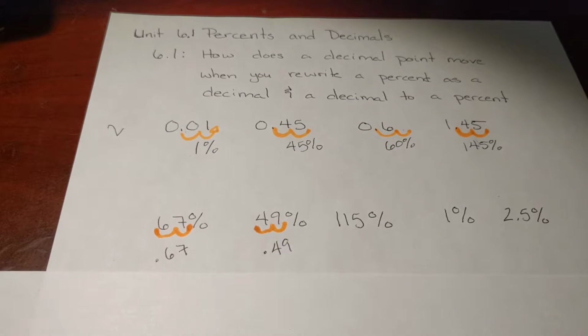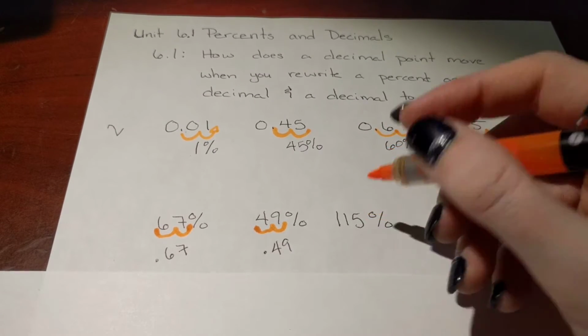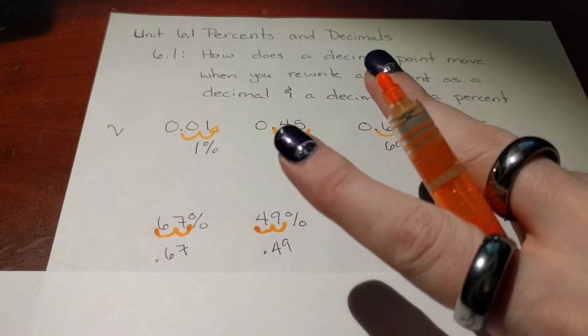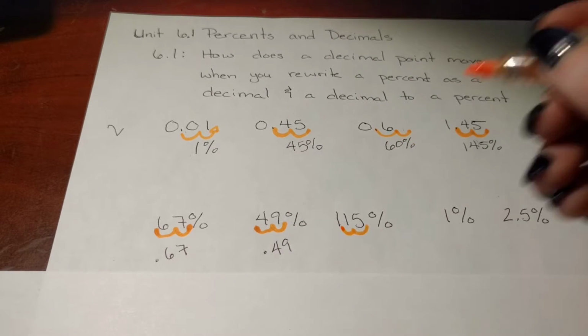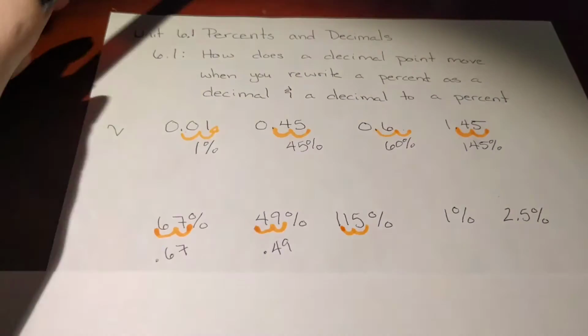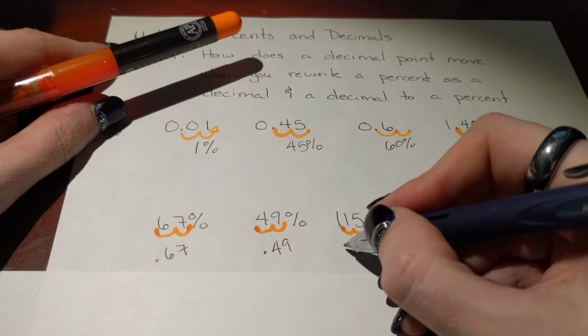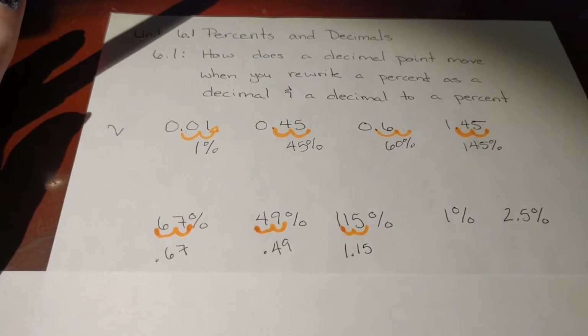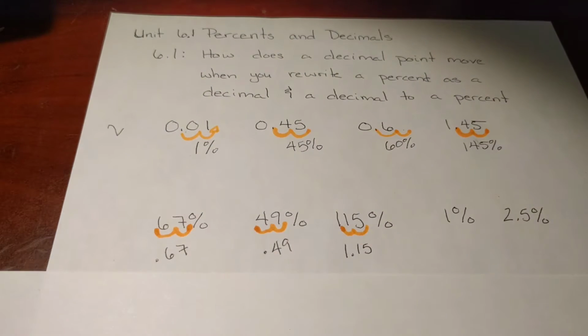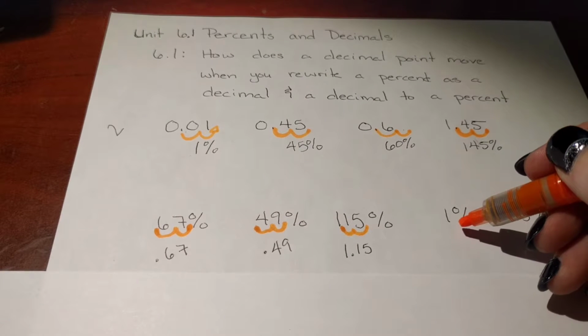And so again, we're only going to move it 2 times. Remember, it's got to be 2. So it goes over 1, 2. Stops right there. So 115% turns into 1.15, and that's it.